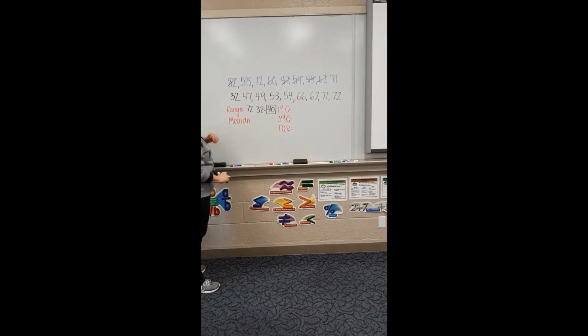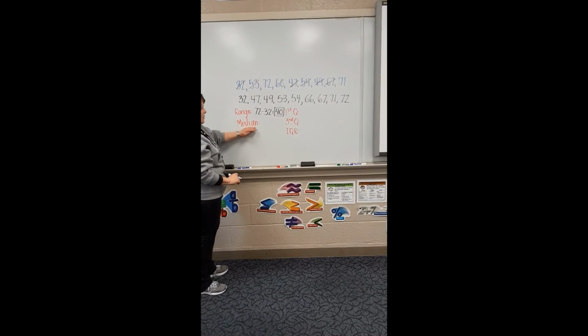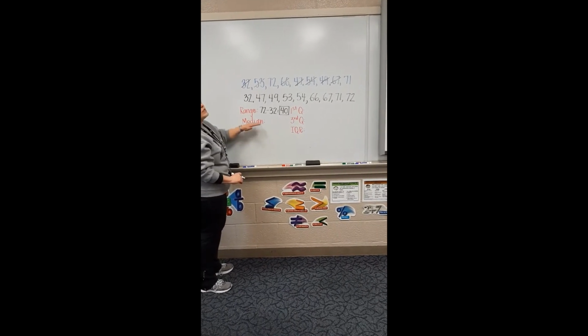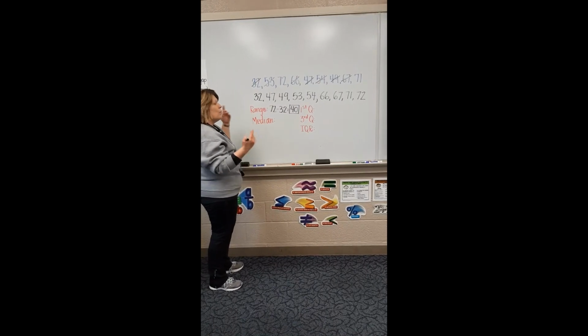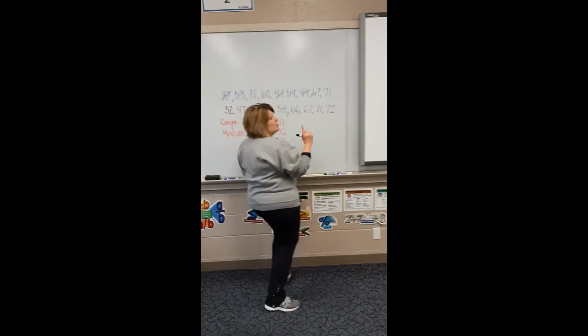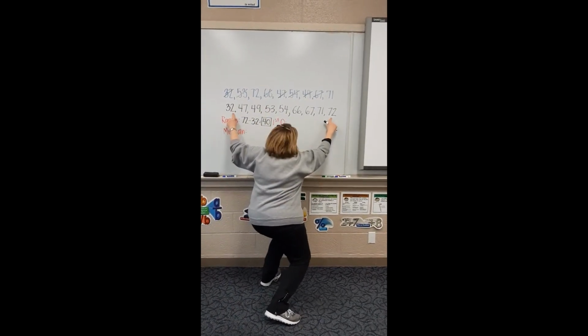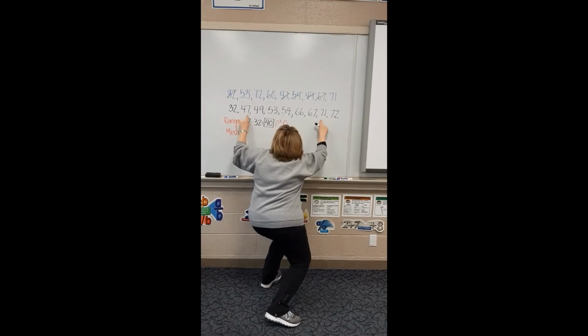The second thing we're going to practice today is median, and you did that last week. But median means the middle number. When I do it, I use my two pointer fingers. This is why it's good to be short in math. You start at either end and you jump together.